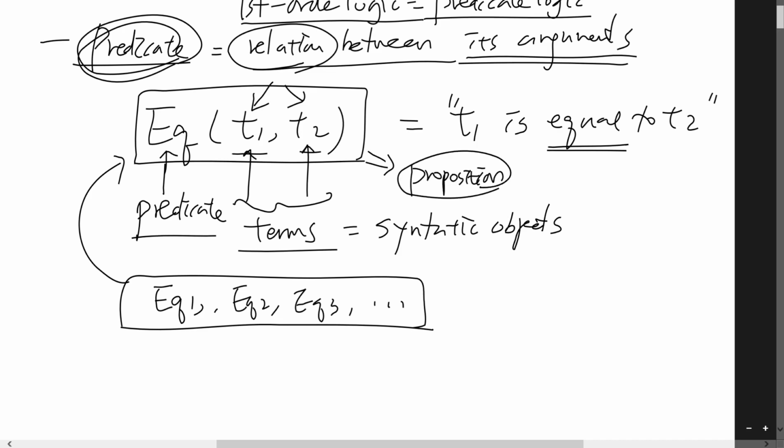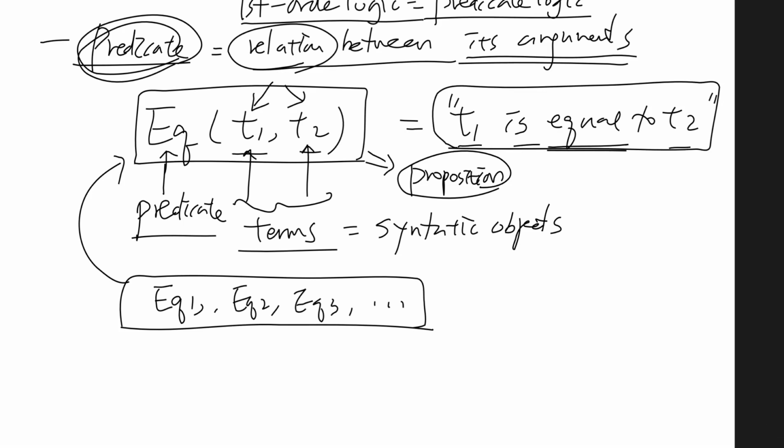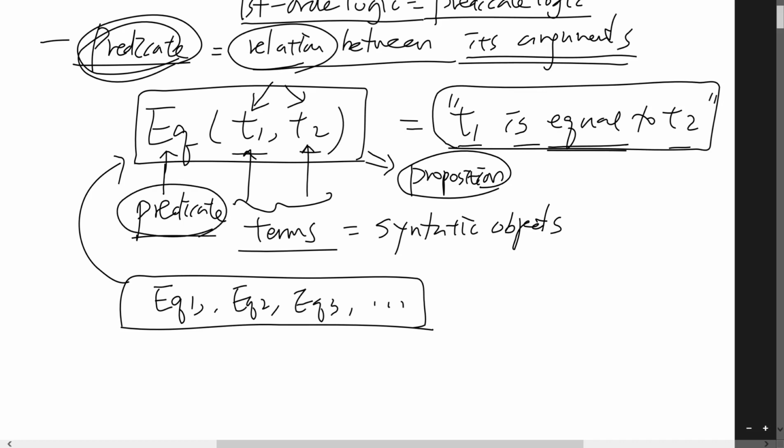So for example, we can discuss the truth or falsehood of this statement that T1 is equal to T2. In order to discuss the syntax for first order logic, we have to formulate the syntax for these terms, because we need these terms in order to introduce predicates.